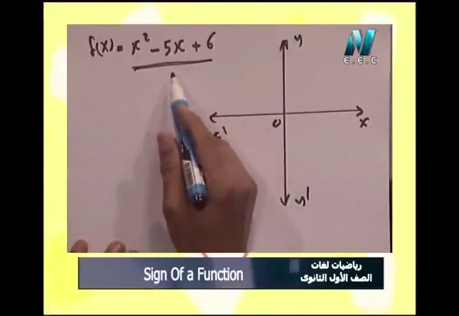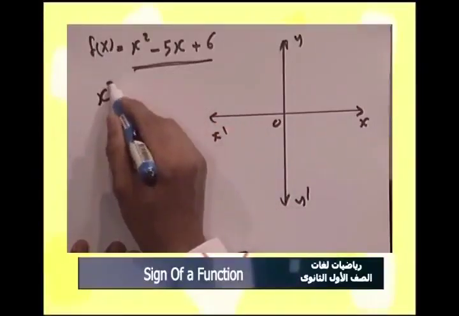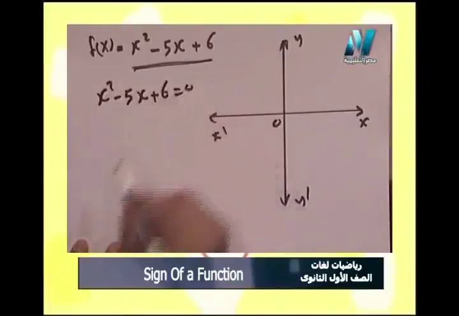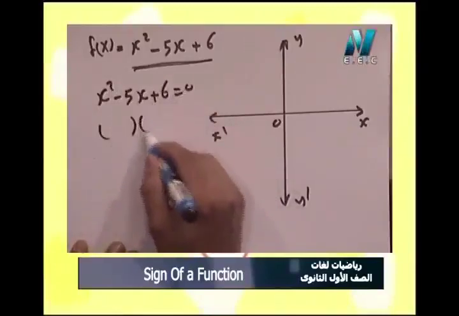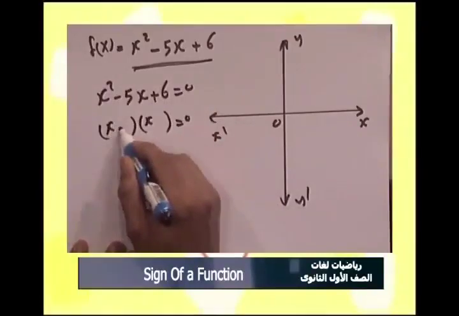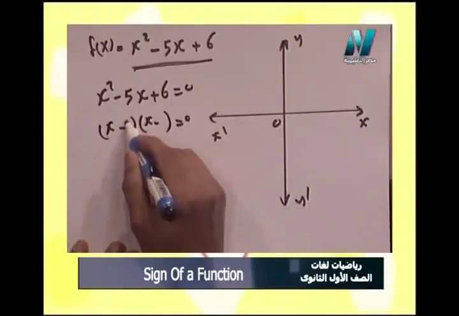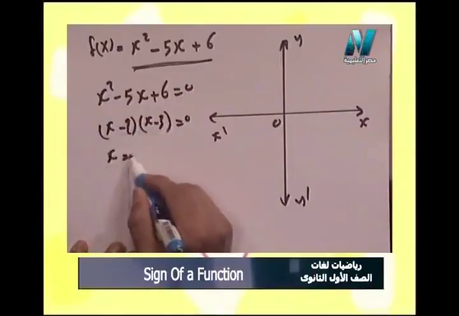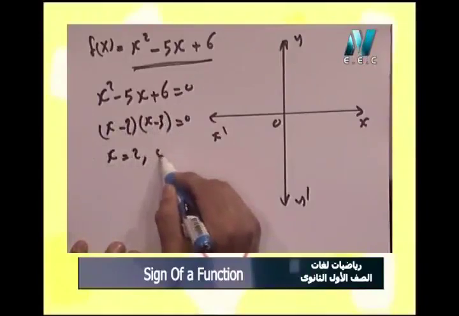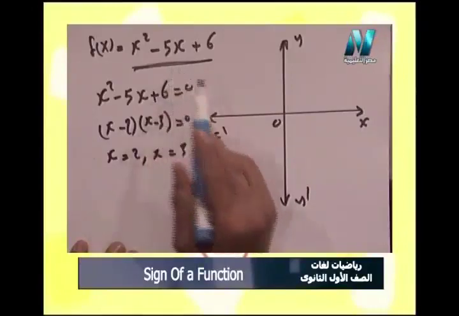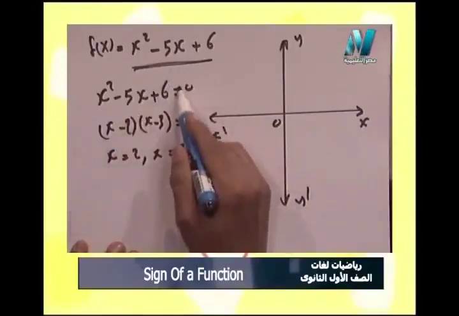If we would like to find the roots, we put x power 2 minus 5x plus 6 equals 0. So by factorization, it will be x and x, negative and negative also, 2 and 3. So x equals 2 and x equals 3 are the two roots of this function when equal to 0, of course.